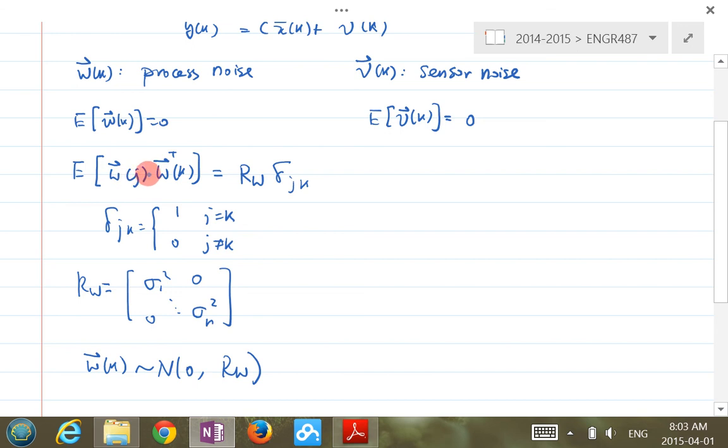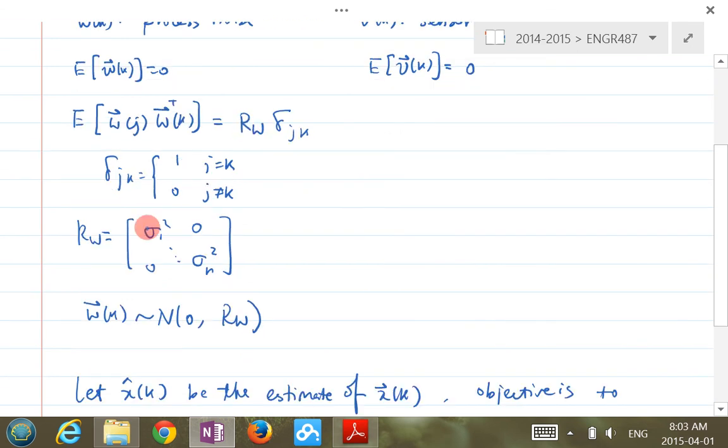The RW here is what we call the variance matrix, with sigma 1 for W1, sigma n for Wn. So RW is a matrix you generally select or choose at the beginning.